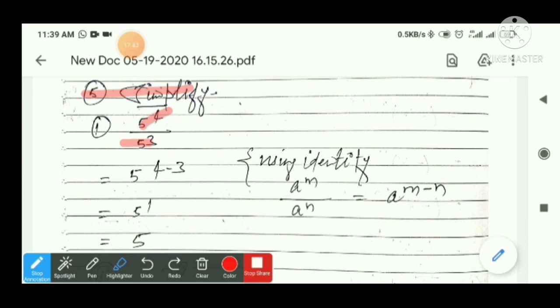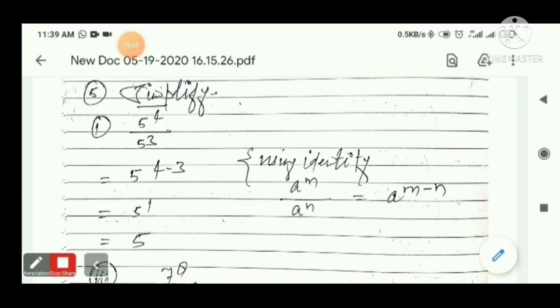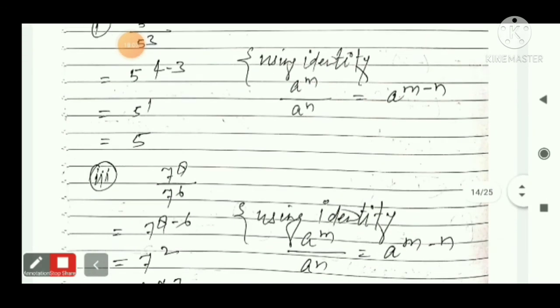In the division method, if the base is the same, we will subtract the powers. A raised m upon a raised n is a raised m minus n. So here it will be 5 raised 4 minus 3. 4 minus 3 is 1. 5 raised to the power 1 is 5. Okay students, any problem?